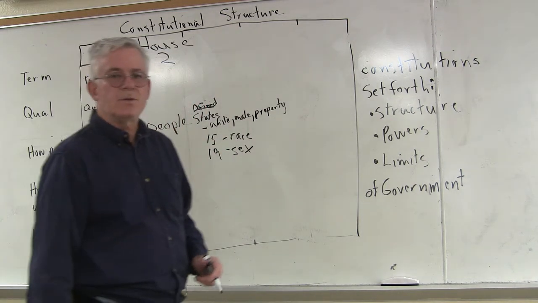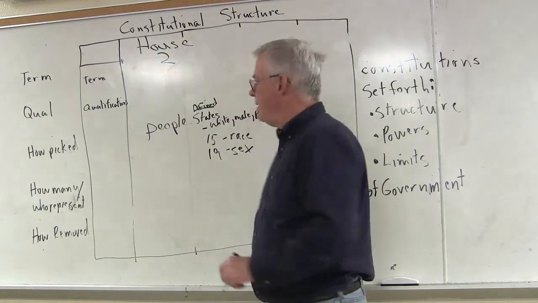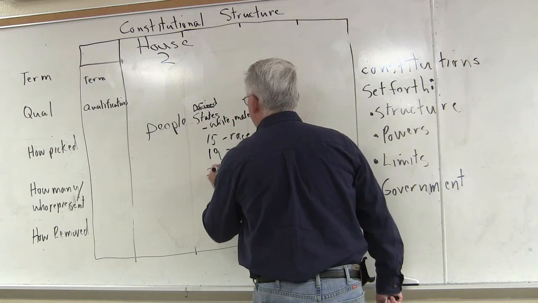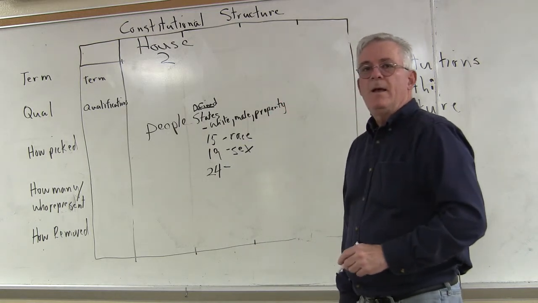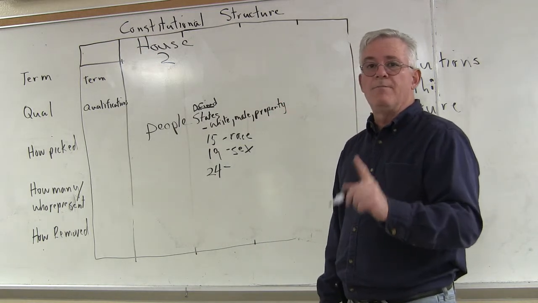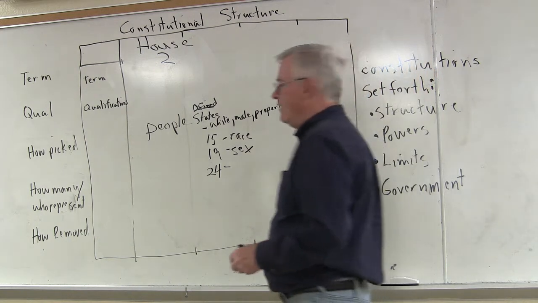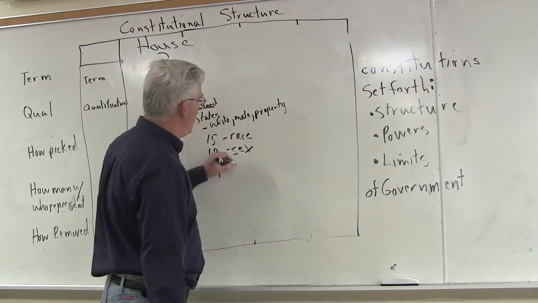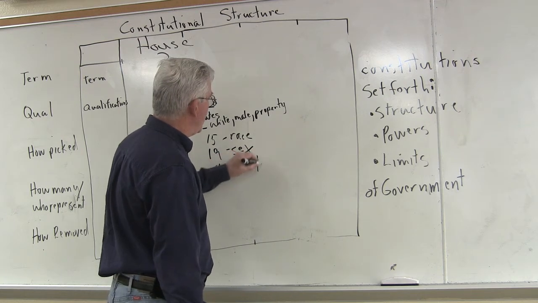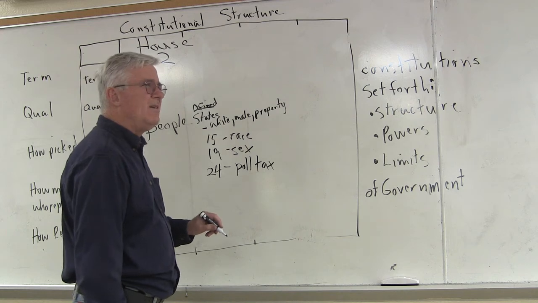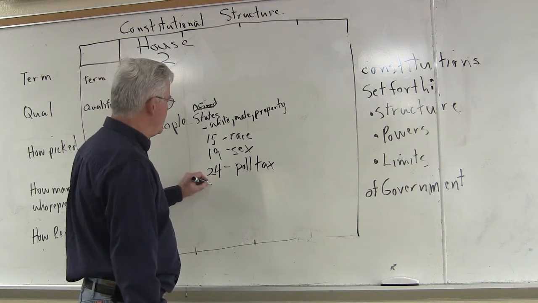What else happens? We get the 24th Amendment, and the 24th says, hey, states, you cannot impose a tax as a condition of voting. You cannot have a poll tax. And in 1973 comes the 26th.